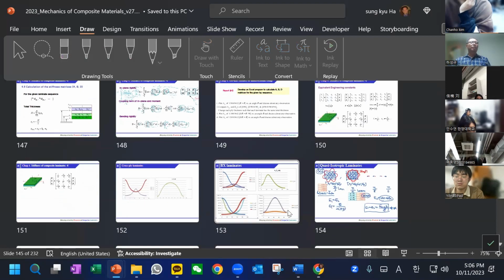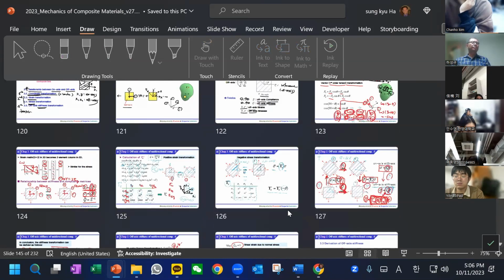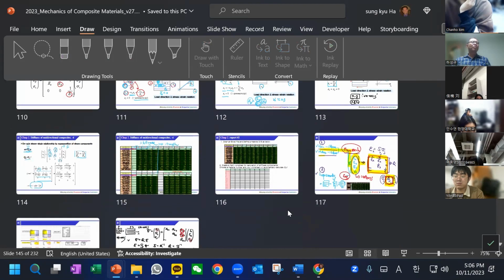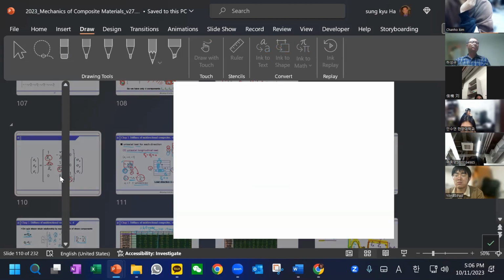Okay, so this is the classical laminate theory. Well, I certainly skip many steps, understanding the stress strain curve like this.